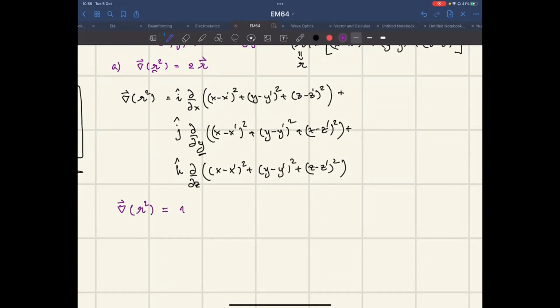So this has to be I also, right? And because we take the derivative with respect to x, whatever has y in it and has z in it becomes 0. So we only have this. Plus j here.